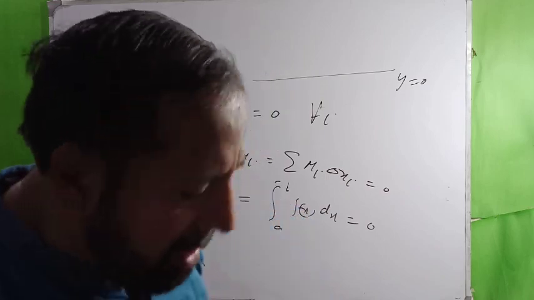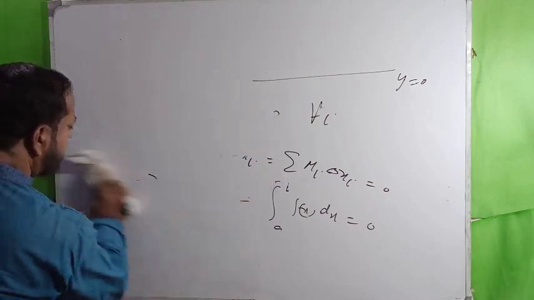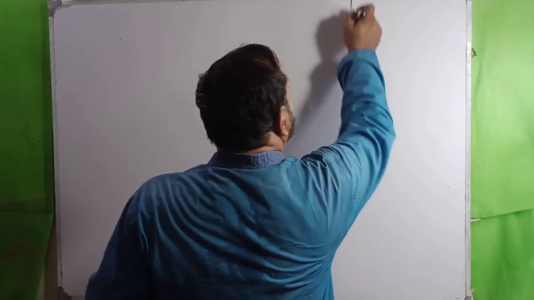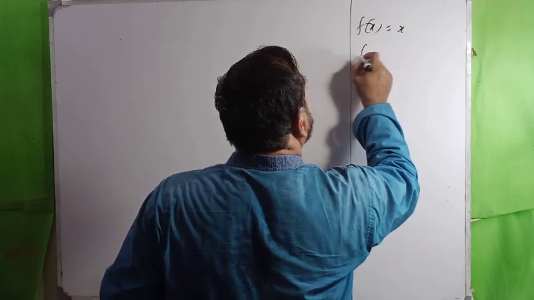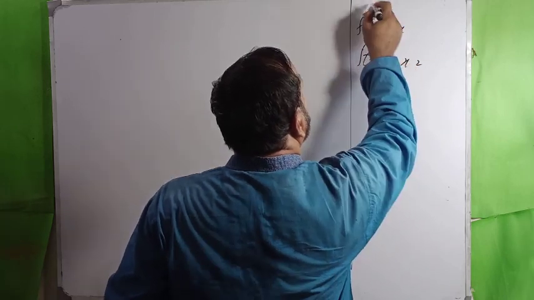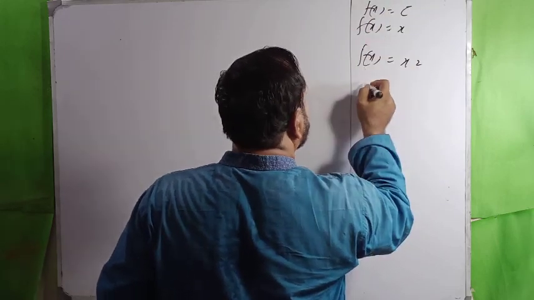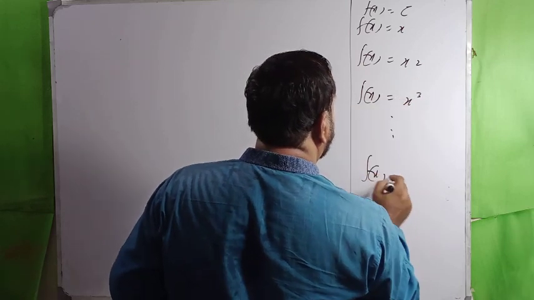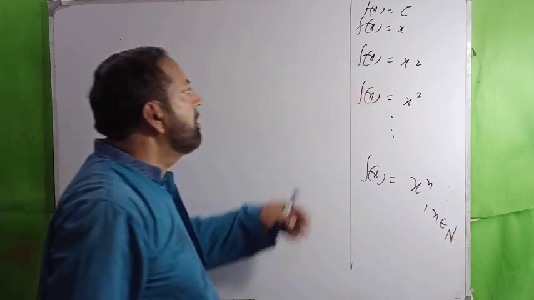Next, we can apply the idea to some other examples. Can you integrate f(x) equal to x, f(x) equal to x square, f(x) equal to a constant c, you take any constant c, f(x) equal to x cube, and so on, f(x) equal to x^n, where n belongs to the natural numbers?